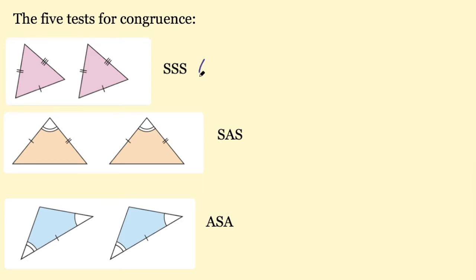remember. And the first one says if the 3 sides are the same length, the corresponding sides, then we know the triangles are congruent, and we write that as SSS, standing for side, side, side. And remember, they have to be corresponding in order to be equal.